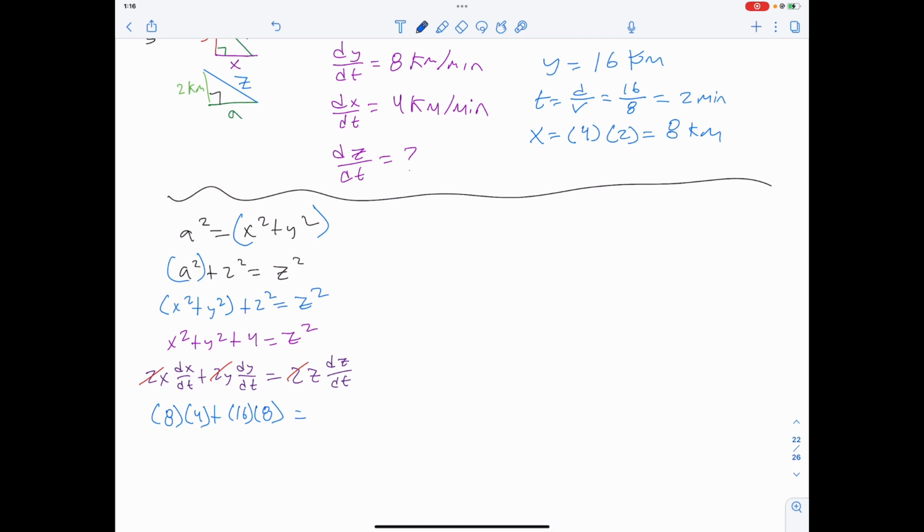But can't we just use the same things that we already know from here in order to solve z? Of course we can.